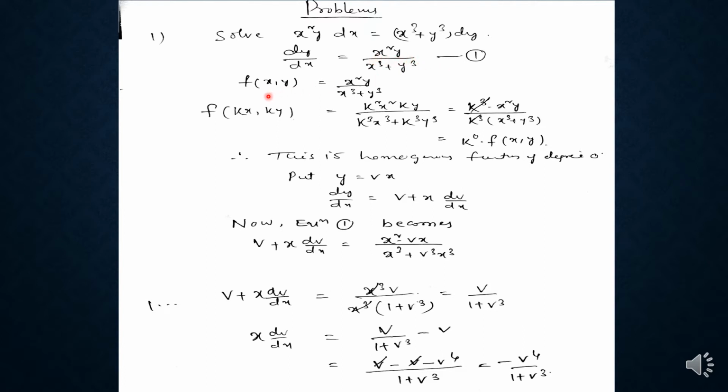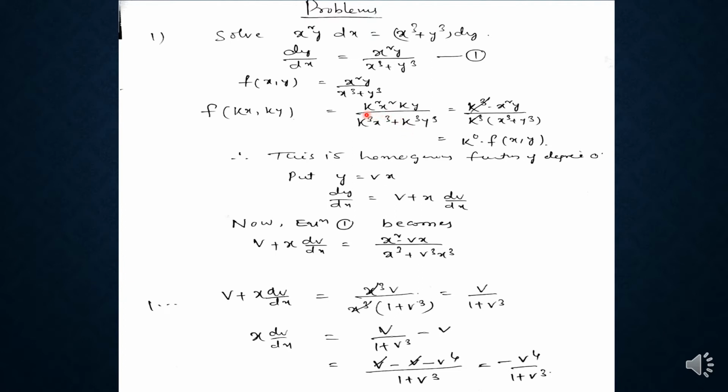So f of x comma y is equal to this one. Once again we can check by putting x is equal to kx and y is equal to ky here. This becomes k square x square into ky by k cube x cube plus k cube y cube.